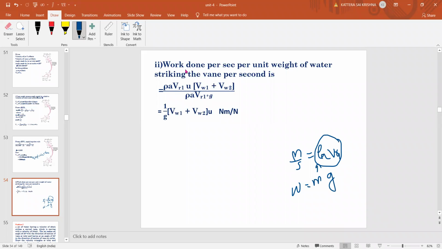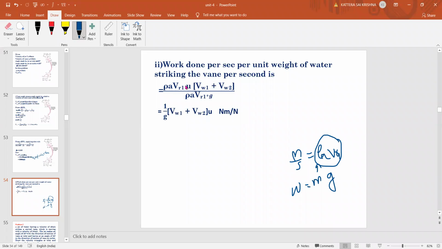So suppose in some problems work done per second per mass of water striking per second is asked. At that time we don't get G here, because we are taking only the mass of water striking the vane. But here is asked the weight of the water striking the vane per second. So rho A VR1 into G, if you do, you'll get your weight here, right? So what happens? Rho A VR1 and rho A VR1 get cancelled. So the remaining thing will be 1 by G into VW1 plus VW2 into U.